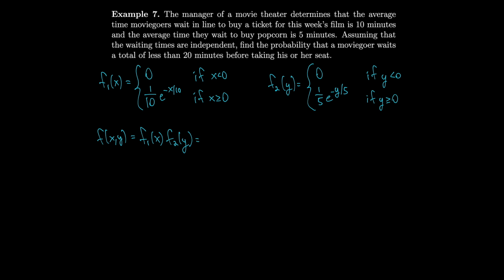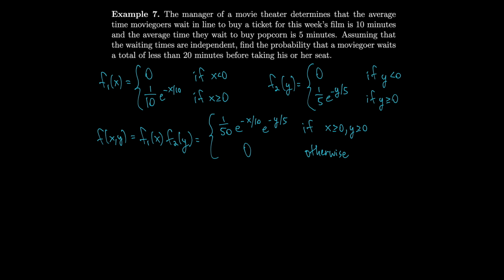So that's just 1 over 50 e to the minus x over 10 e to the minus y over 5, assuming that x is greater than or equal to 0, y is greater than or equal to 0, and it's 0 everywhere else. Because obviously the probability that they wait any amount of time when we go backwards in time is 0.